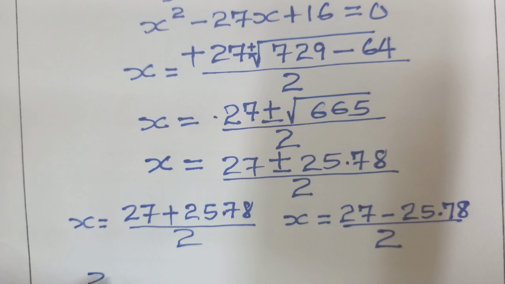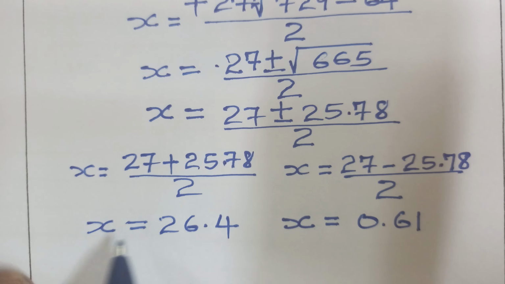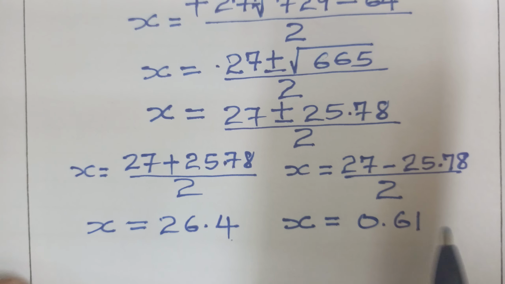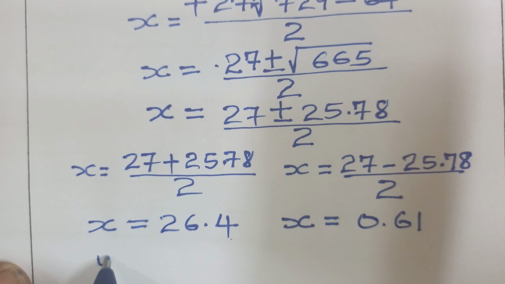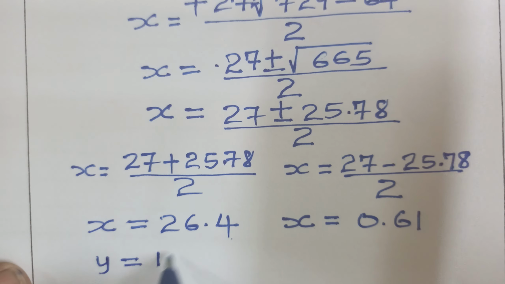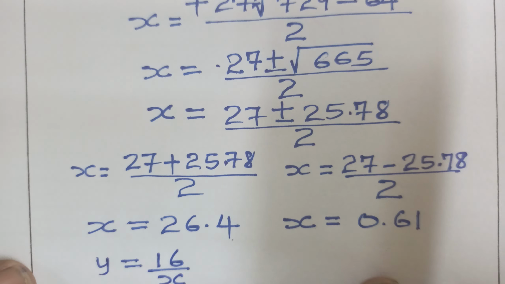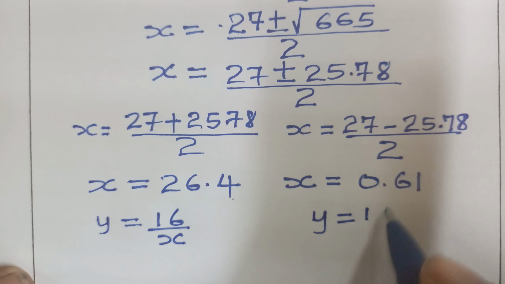We have our solution right here: x equals 26.4 or x equals 0.61. We can now use our equation right there where we said y equals 16 all over x. And so we can apply this side, and we also apply that other side.